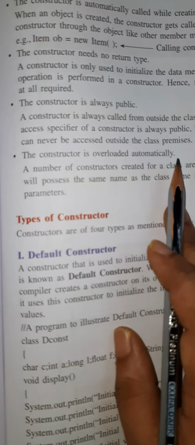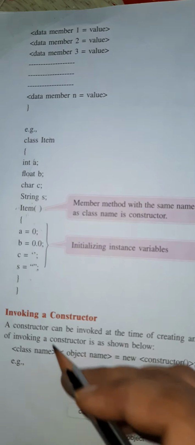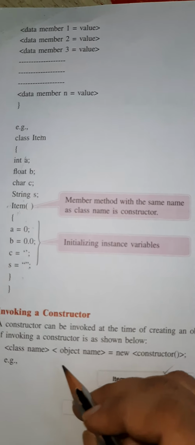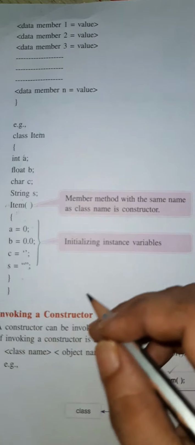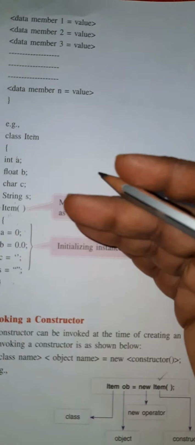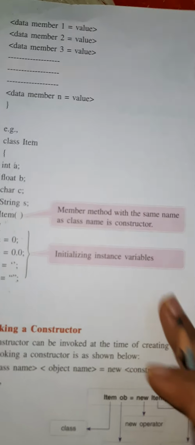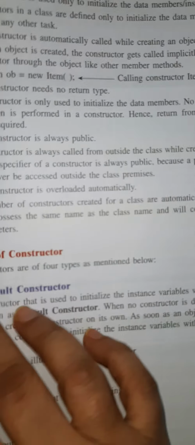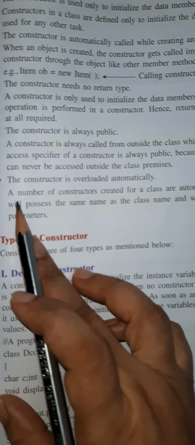We can do constructor overloading also, that is, with the same name I can make more than one constructor. The condition is the same as for a normal method. The data type should be different, and the number and type of parameters should be different, otherwise it will create a problem or an error.